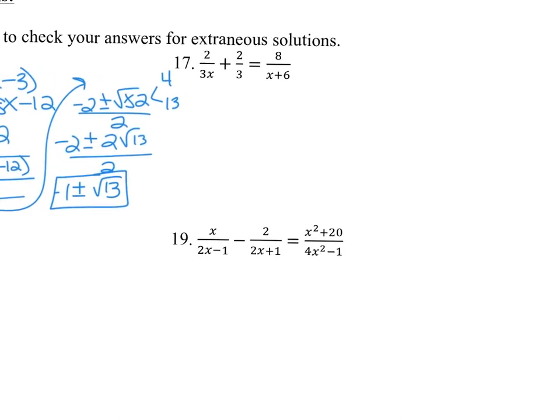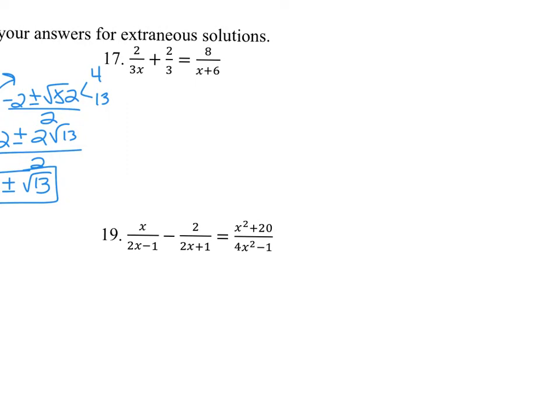If I go ahead and look at number 17, I have to find a common denominator. So the common denominator is 3x and then x plus 6. So if I multiply 3x times x plus 6, my 3x's will cancel out.